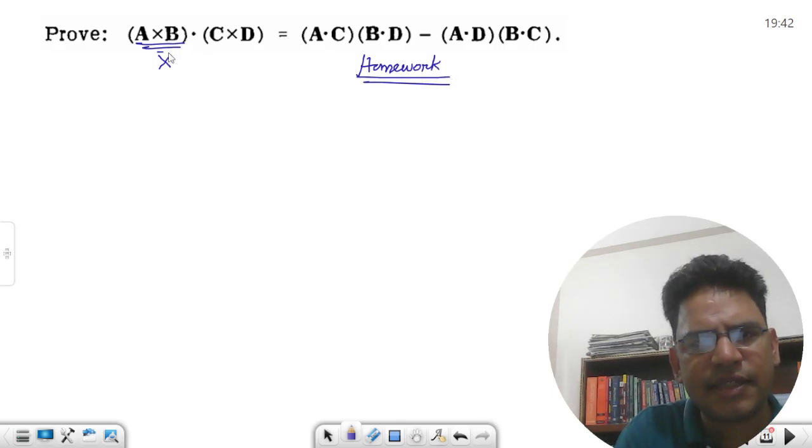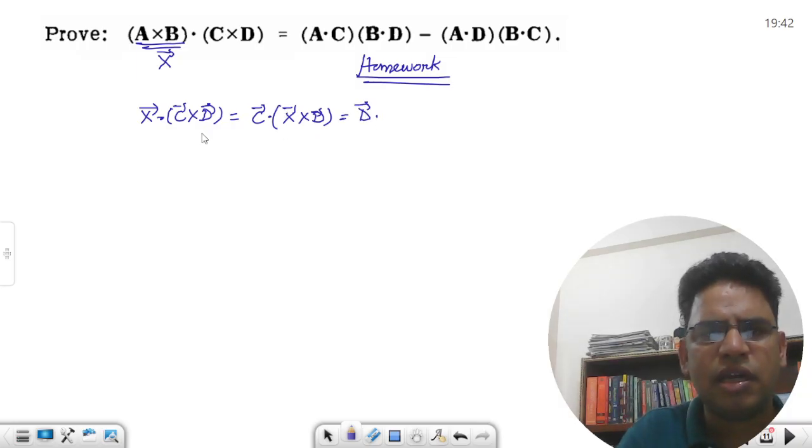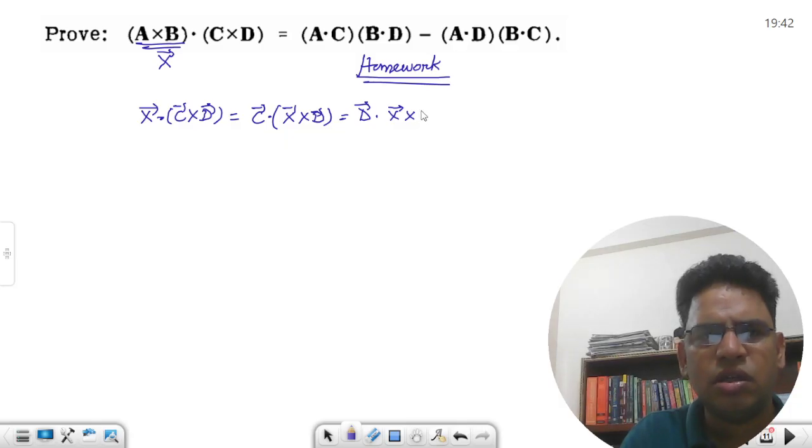Take it as x. Let's say x dot c cross d is the same as c dot x cross d. It is the same as d dot a cross, A dot B cross C equals B dot C cross D, C dot A cross B x cross D, C dot x cross.